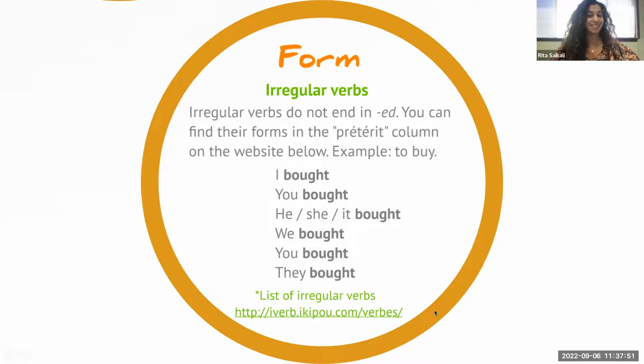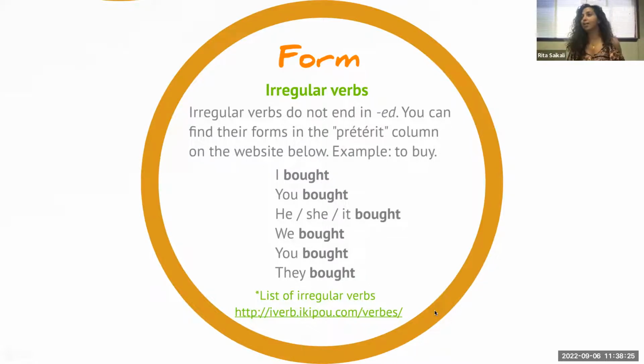It's not buyed, right? It's bought, because buy is an irregular verb. So I bought, you bought, he, she, it bought, we bought, you bought, and they bought. And again, the cool thing is that they are all the same. While it is irregular, it is not different.